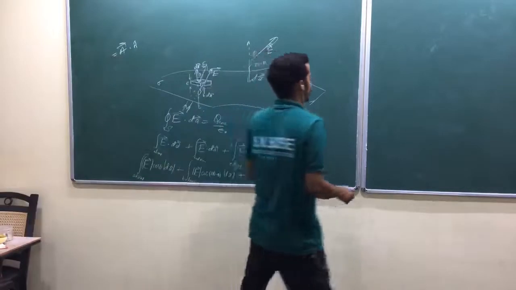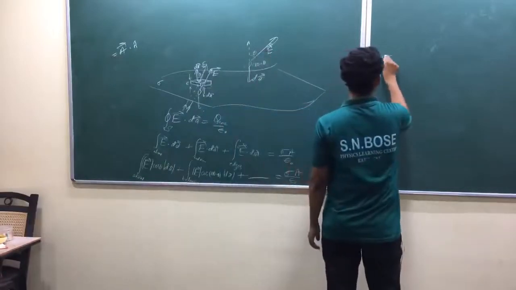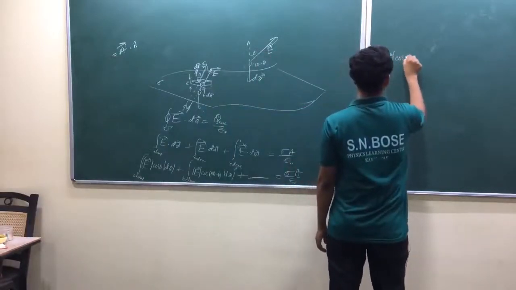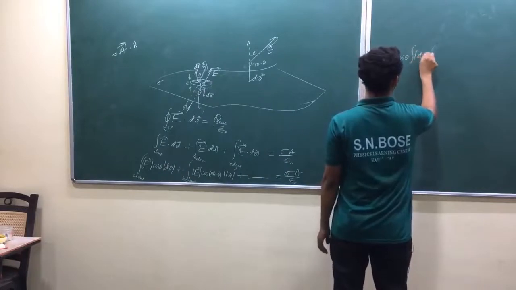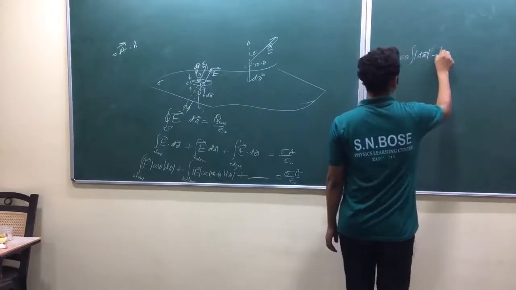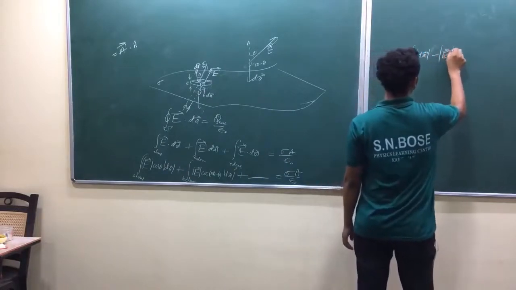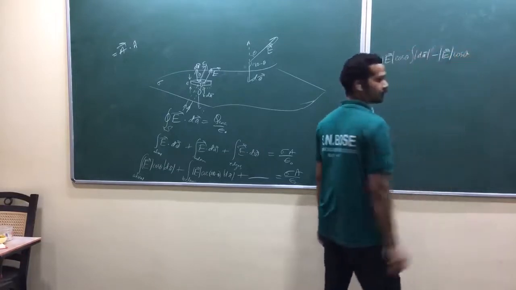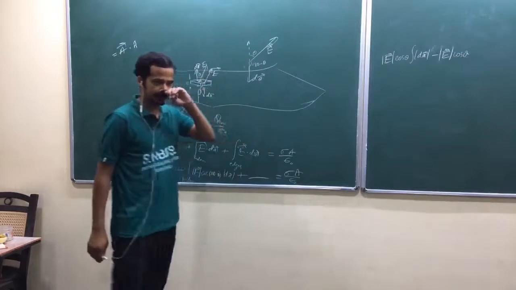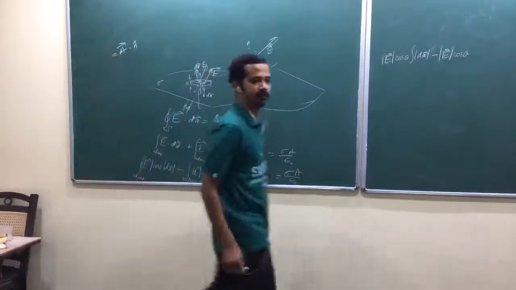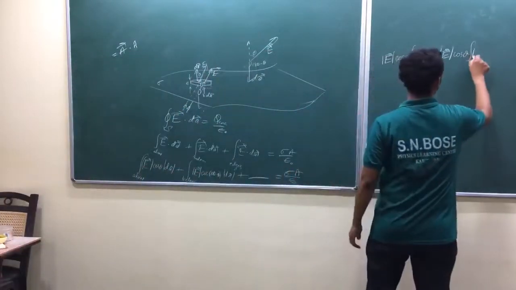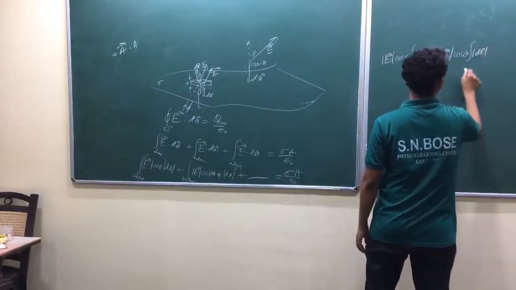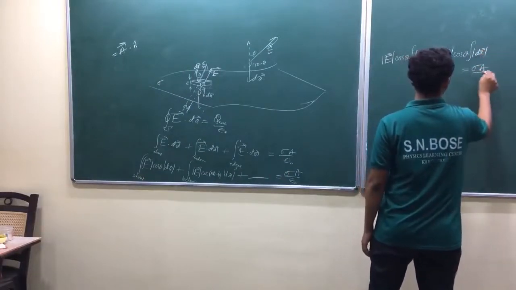So what would happen here is mod of E cos theta integral dA, minus mod E cos theta, am I right? Cos of 180 minus theta I can write as minus cos theta, integral mod dA vector, that is equal to sigma A by epsilon naught.